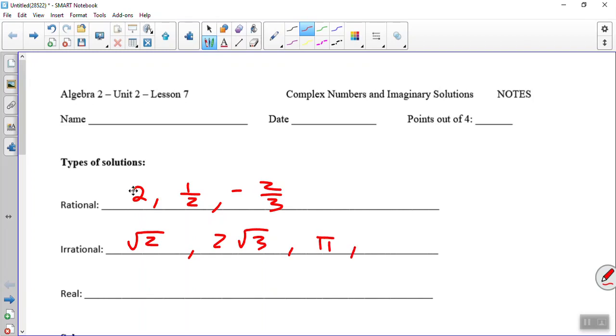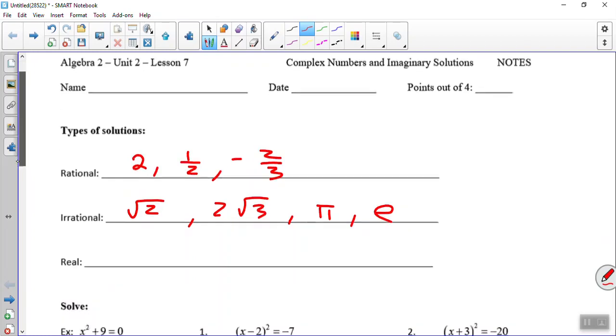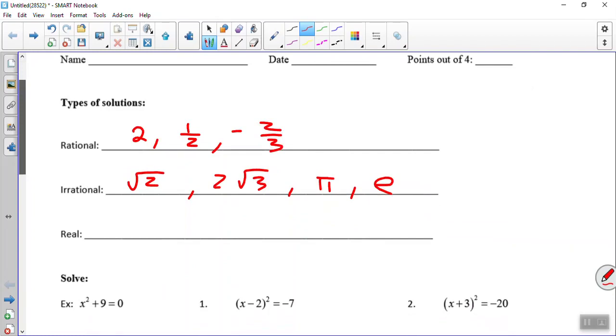You could have a number like e, which we haven't talked about, but relates to interest. Those can be considered irrational numbers, all right? Real numbers combine any of these, so real could combine rational and irrational.